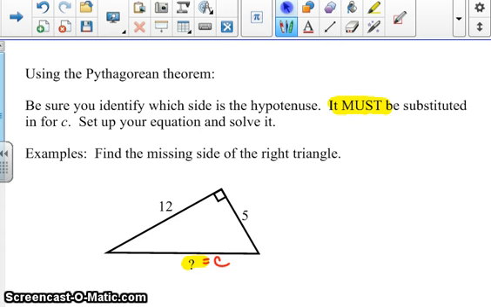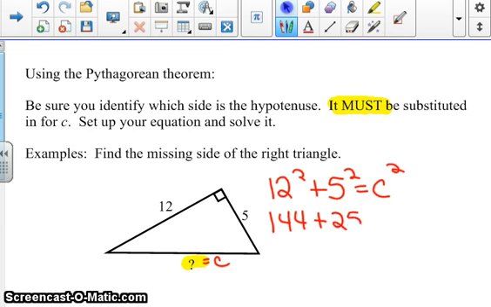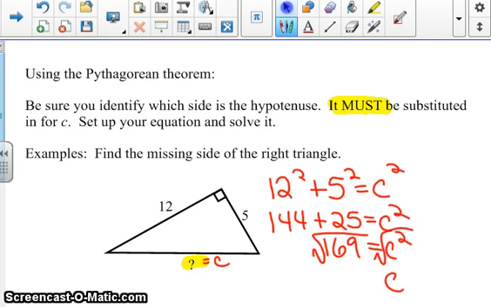It doesn't matter which one's A or B, and I have 12 squared plus 5 squared equals C squared. 144 plus 25 equals C squared. 169 equals C squared. Take the positive square root, and C equals 13.